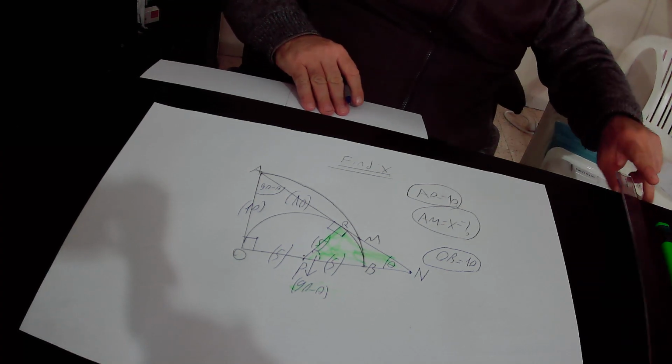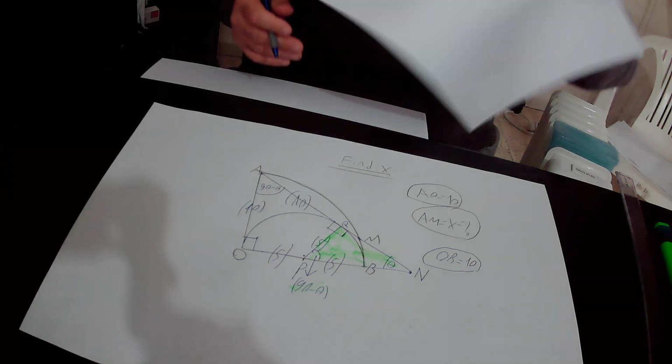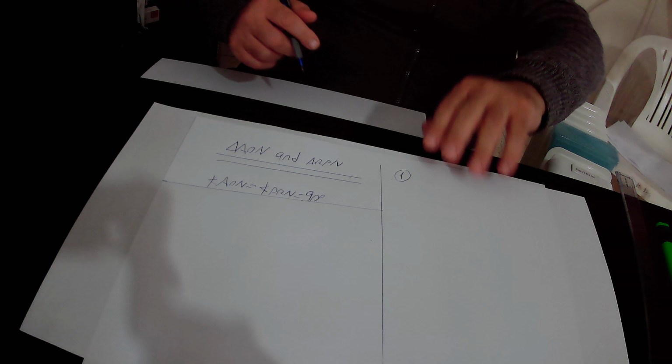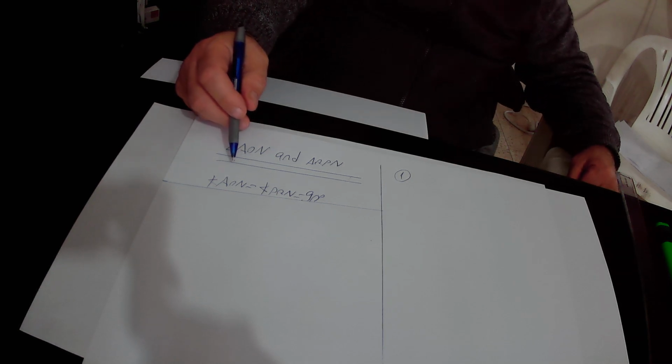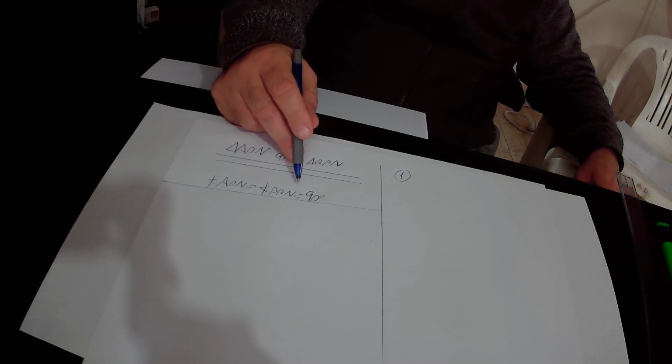Repeat again. Angle AON in the big triangle equals angle PQN in the green triangle. They are both equal to 90 degrees, therefore they are equal to each other.